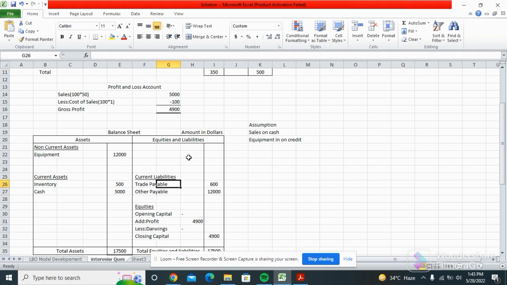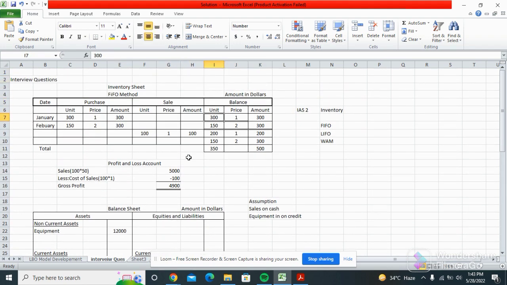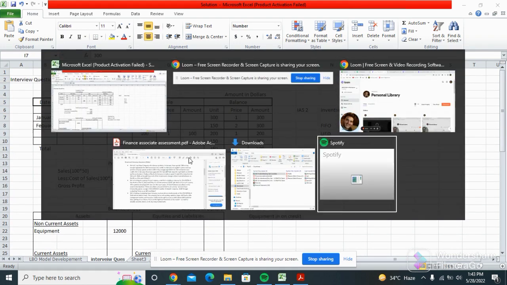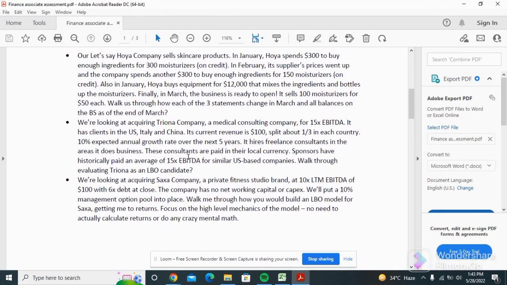After that, if we talk about the current liabilities, as I have mentioned, we have payables related to the equipment we have purchased. Other than that, we also have $600 of trade payable. Trade payable is the payable when we purchase raw material. Because we have purchased all this raw material on credit, as mentioned in the question, let me share the question with you.